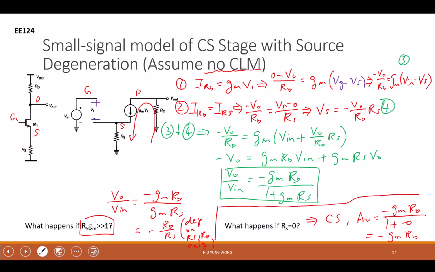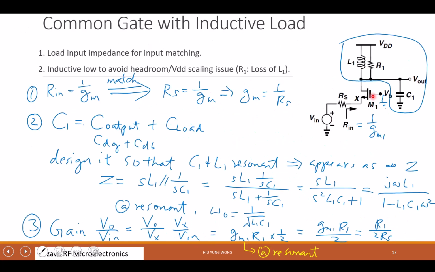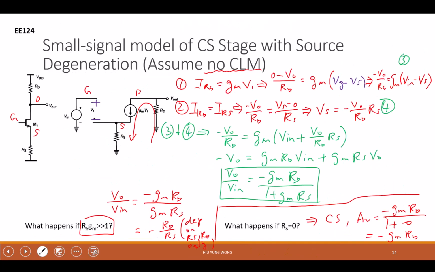Now, if I don't have RS, what's the gain of a common source amplifier? Negative gm RD. Similar to this one, right? gm RD, but it's negative. So I won't derive it. You can watch the video. But the main point is the gain is still negative gm RD, but becomes smaller, divided by 1 plus gm RS.